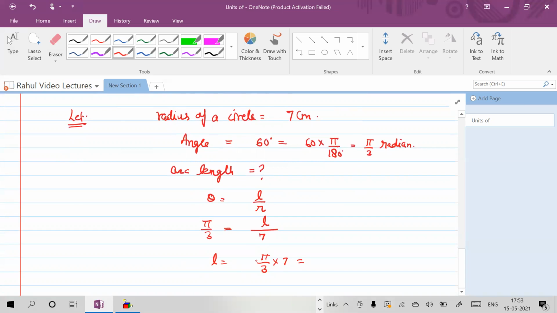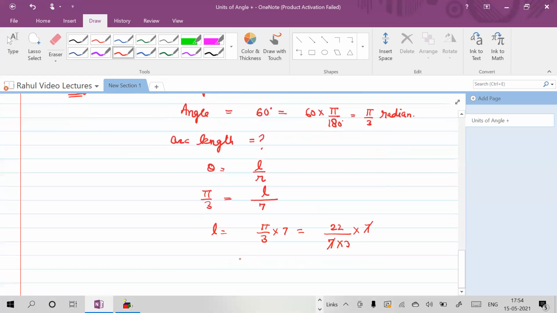Taking pi as 22 divided by 7, the 7s cancel. So 22 divided by 3, which will be about 7.33 centimeters. So this will be your arc length. So you can calculate this type of question. Okay.